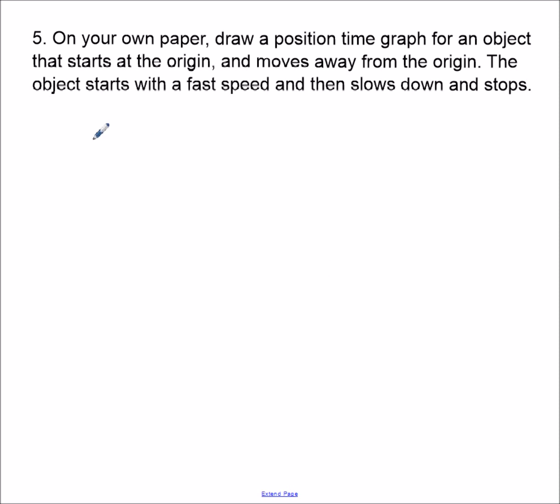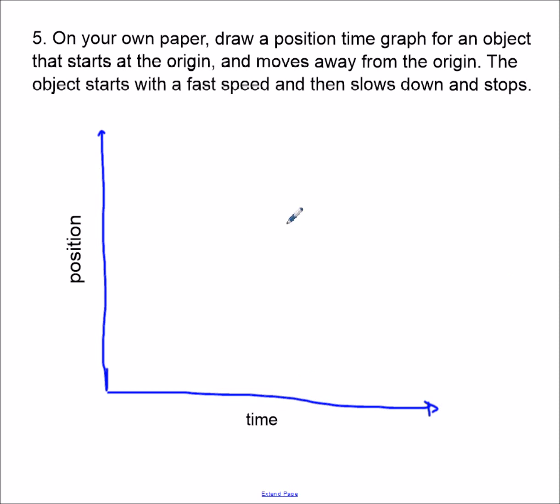Okay, so the correct graph here would go like this. You need to have a position time graph first, so the y-axis and the x-axis will represent position and time. Be sure to label the axis appropriately. Normally I would put a unit here, but since this doesn't have a unit to it, I just use the words position and time.